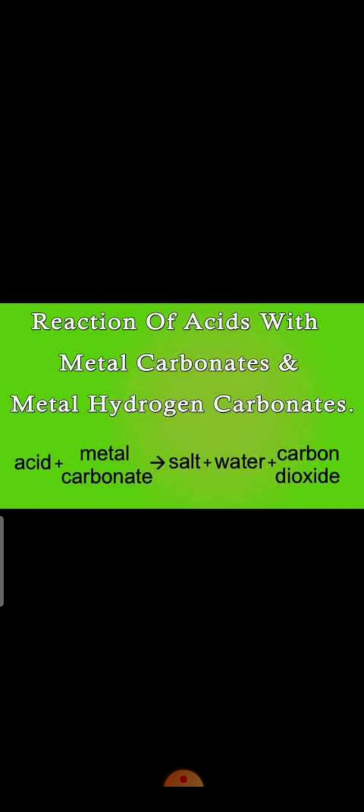Now our next important reaction is the reaction of acids with metal carbonates and metal hydrogen carbonates. But before that, students, you should know what metal carbonates and metal bicarbonates are. Metal carbonates are formed by the reaction of a metal salt with CO2, carbon dioxide, or with the carbonate of a more reactive metal.